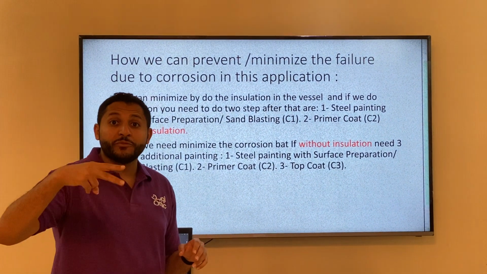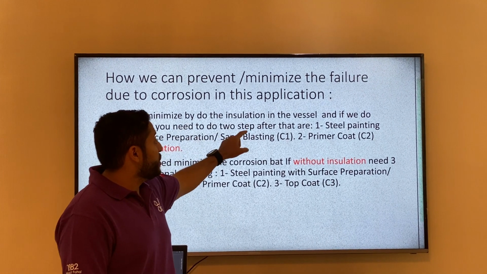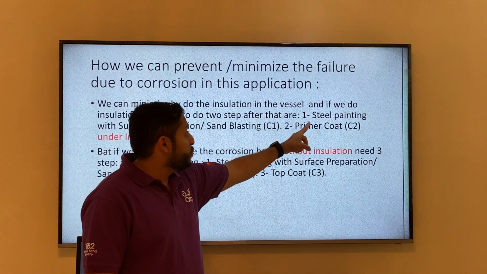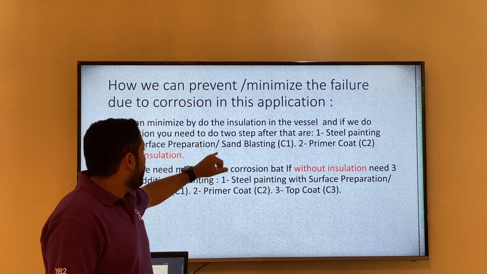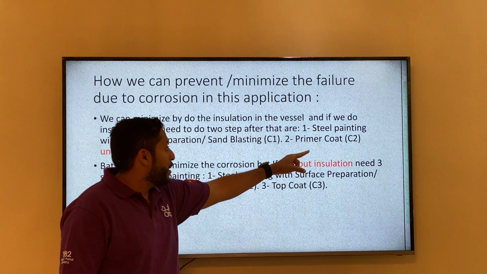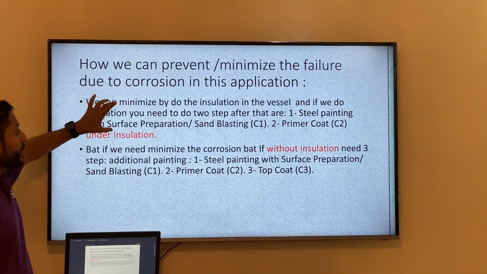You need to do two steps after the insulation. The first one is seal painting with surface preparation, and the second is the primer coat. This one is under the insulation.